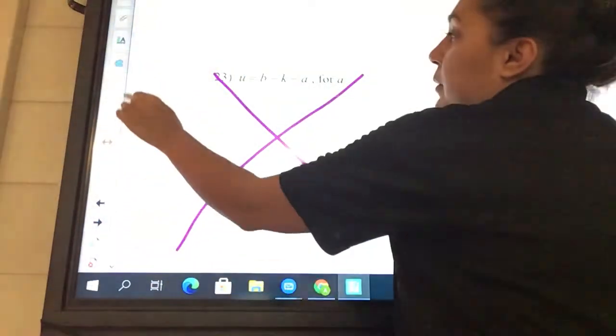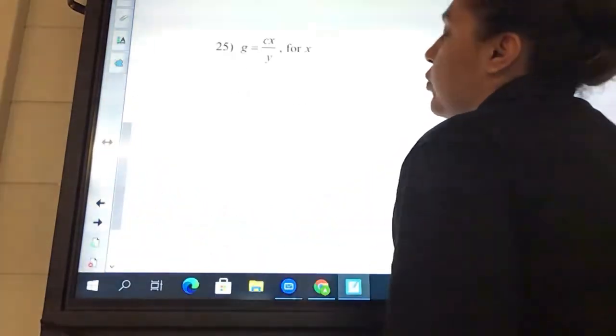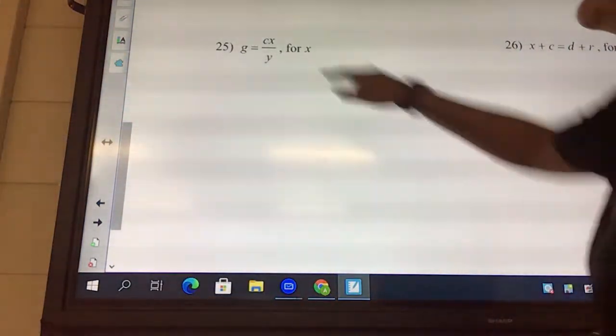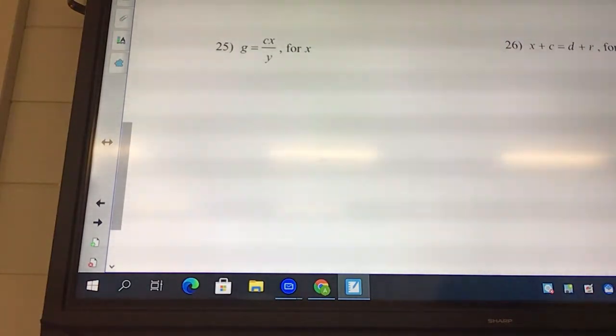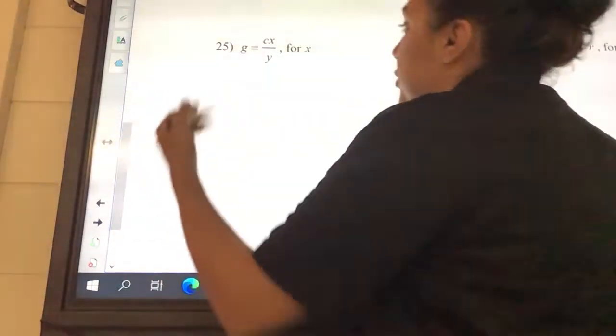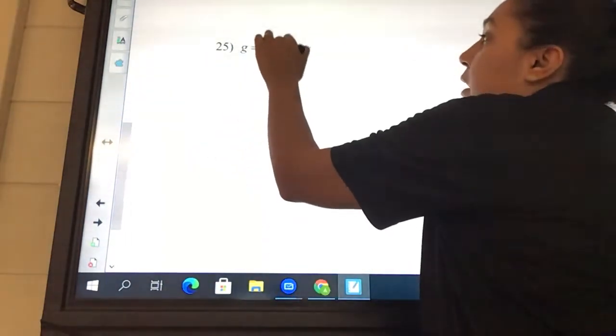Number 23, we skipped. And then 25, I'm solving for X. Okay, and this one's a little bit trickier, but you're going to need to get rid of the fraction first. In order to get rid of a fraction, fraction means divide, so we need to multiply first.